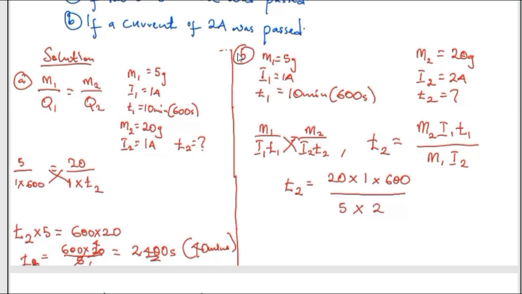So you divide 5 here, 4, 2 here, 1, 2 here, we have 2. So 2 times 600 is 1200 seconds, which is equivalent to, divided by 60, about 20 minutes. And yes, that is your answer. Those are your answers: 40 minutes for the first and 20 minutes for the second.